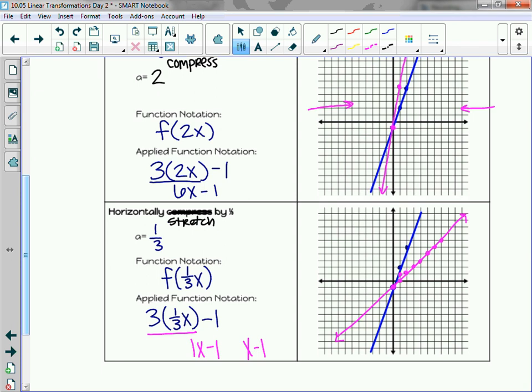You have horizontally stretched, you pulled the ends of that from the sides, and it looks a lot like a vertical compression. Okay, so now take a second to reflect and write down any additional questions you have about function notation for us to discuss in class tomorrow.